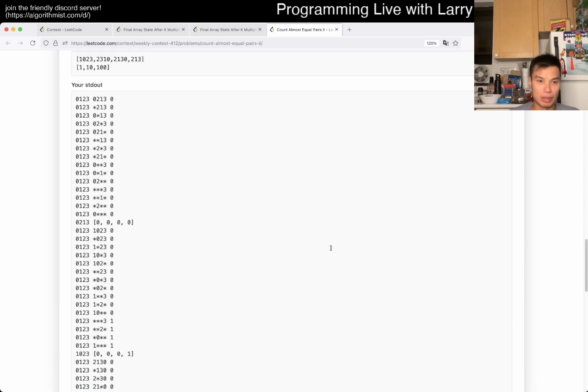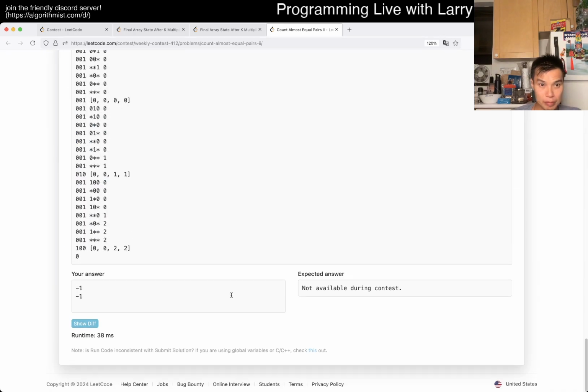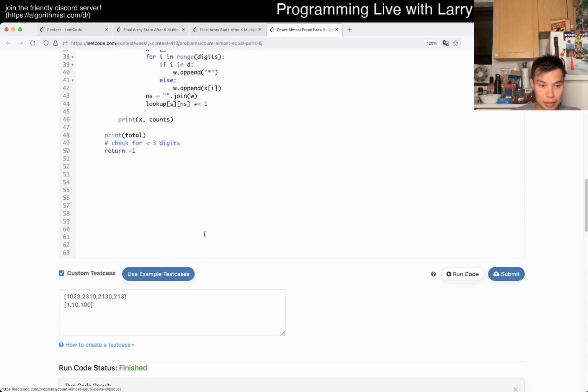Because basically if you add, the last one is 3.